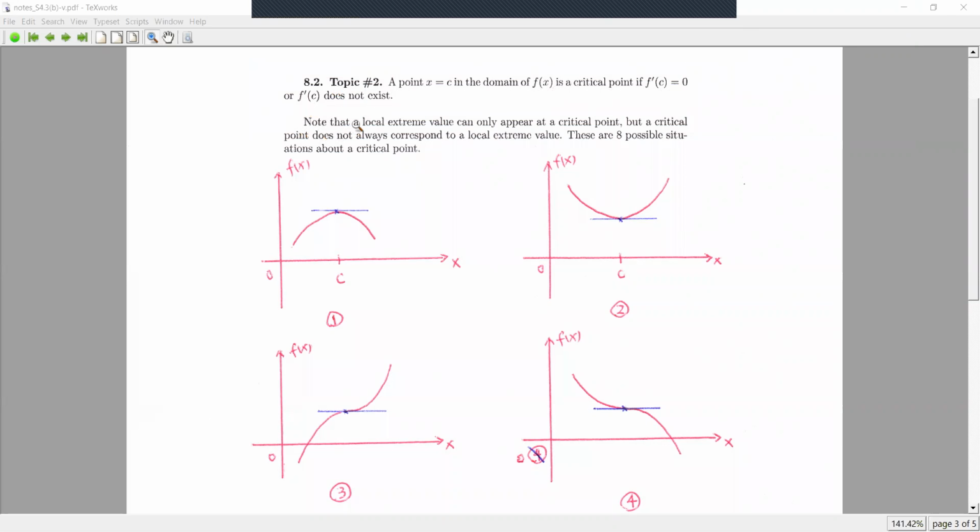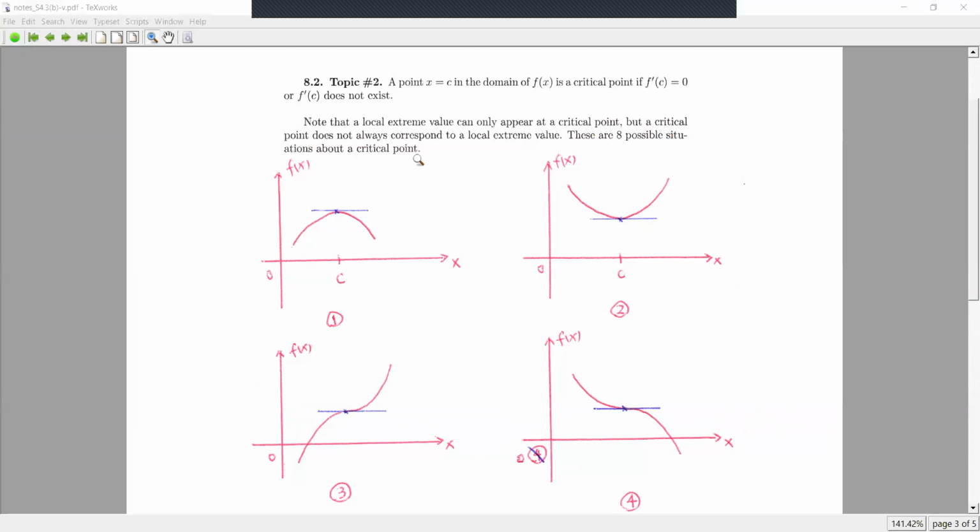Please note that a local extreme value can only appear at a critical point, not at other points. However, a critical point doesn't always correspond to a local extreme value. Below are some examples.